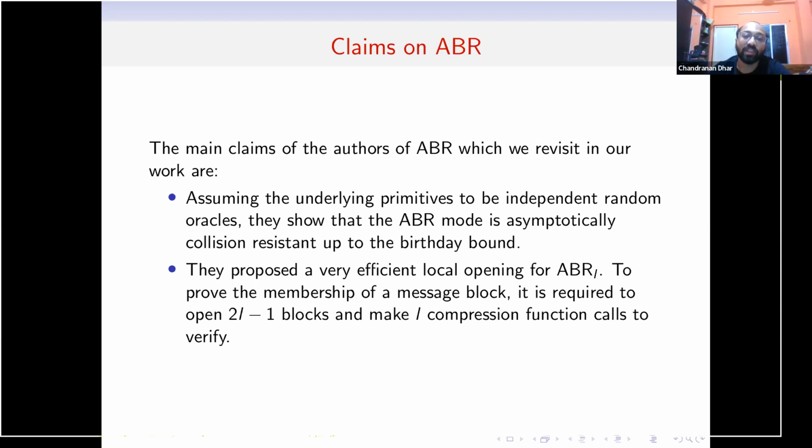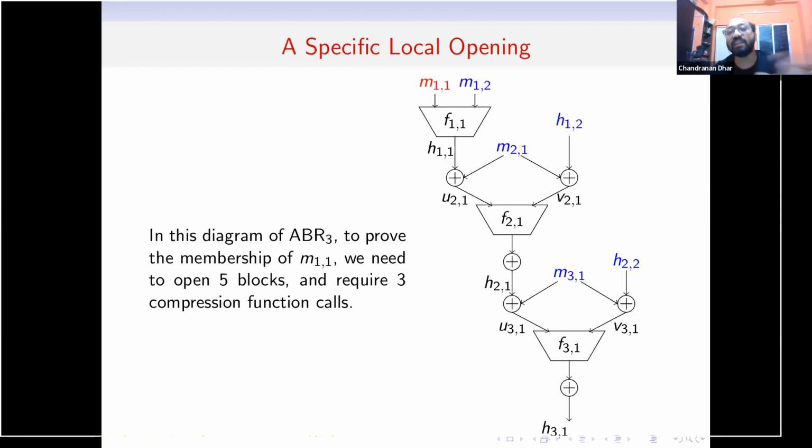To prove the membership of a message block, it is required to open 2L minus 1 blocks, and then it is required to make L compression function calls to verify. As an example, let us look at a specific local opening of ABR of height 3, that is ABR3.